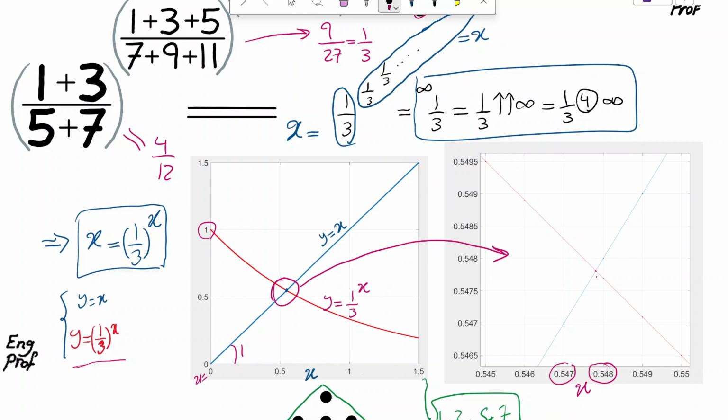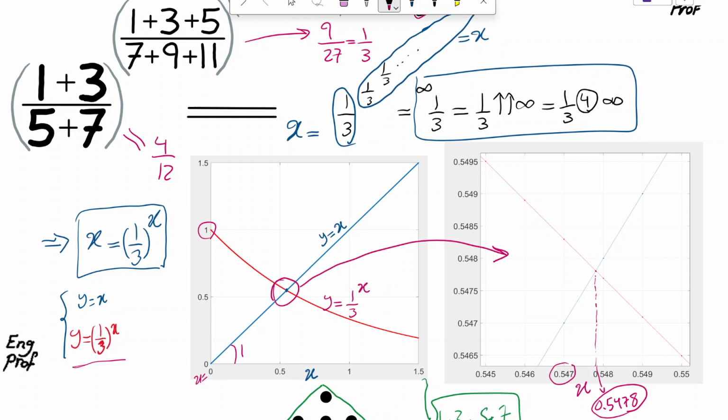So if you take a look at it, it's approximately 0.5, I'm going to highlight it here, 0.5478, roughly, in that ballpark. So that's the answer to this question.